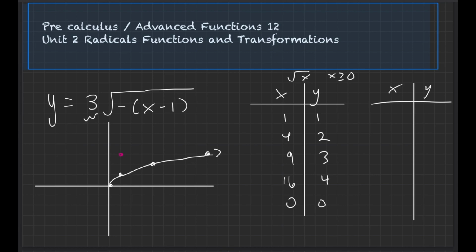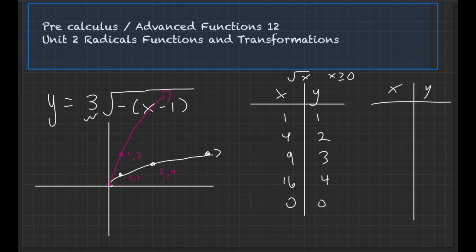So (1, 1) will become (1, 3). (0, 0) stays the same. (4, 2) will be multiplied by 3, so it'll become 12. So it will basically be out of the graph, so just approximate it.